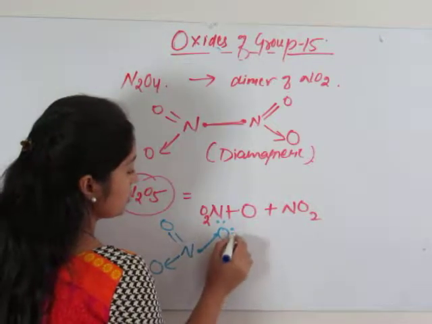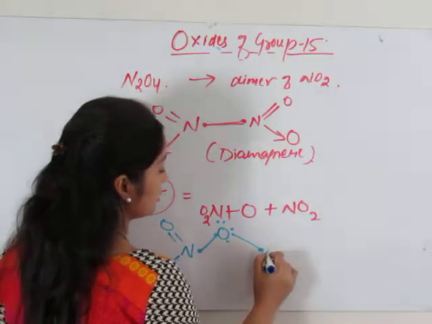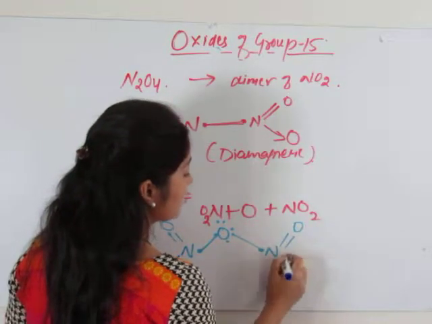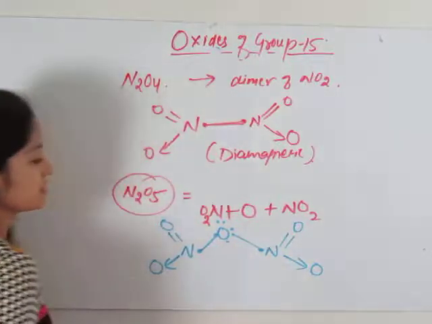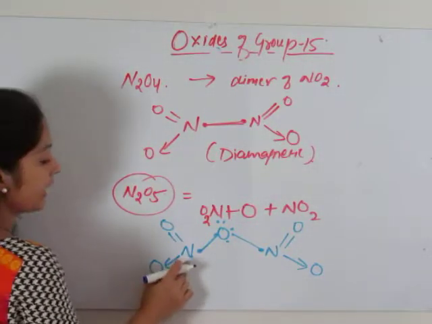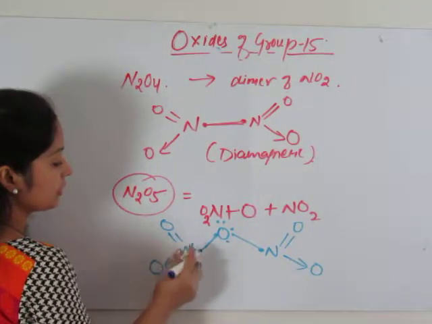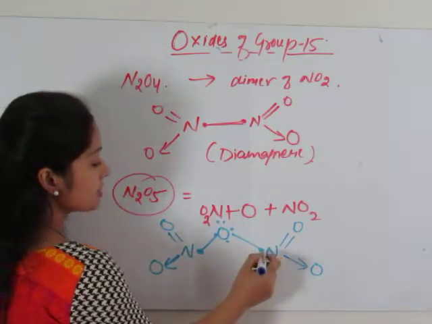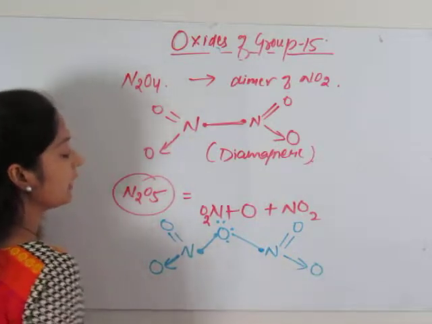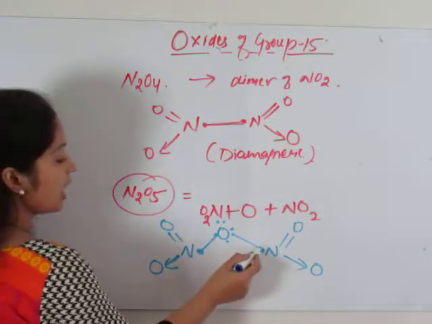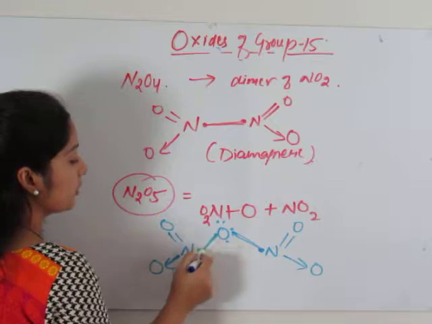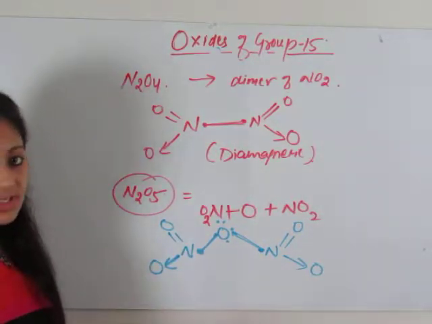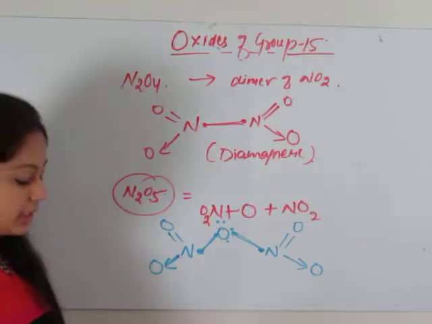So here also it will bond with the nitrogen's unpaired electron. This is the structure for N2O5. Nitrogen bonded to oxygen, इसके पास एक अनपेयर्ड इलेक्ट्रॉन था और यहाँ पर भी इसके पास एक अनपेयर्ड इलेक्ट्रॉन था दूसरे नाइट्रोजन डाइऑक्साइड के पास. सो यहाँ पर ऑक्सीजन ने इन दोनों के साथ एक एक बॉन्ड बना लिया और अपना ऑक्टेट भी कंप्लीट कर लिया, बिकॉज ऑक्सीजन requires 2 electrons to complete its octet.